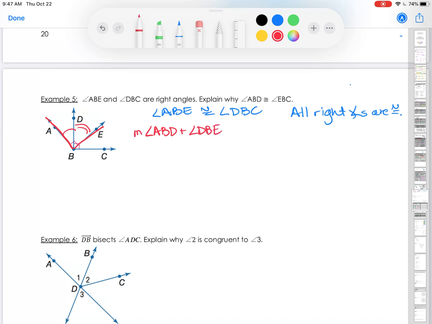Okay, so let's use the measures there. And we can say that is going to be equal to the other one. So here's DBC. I can say that is the measure of angle DBE plus the measure of angle EBC. Okay. All right, from there, I can subtract DBE from both sides.